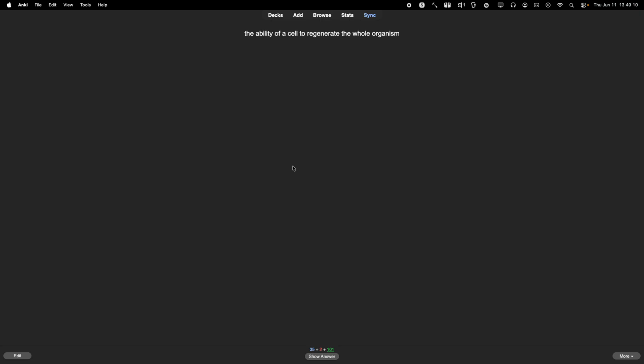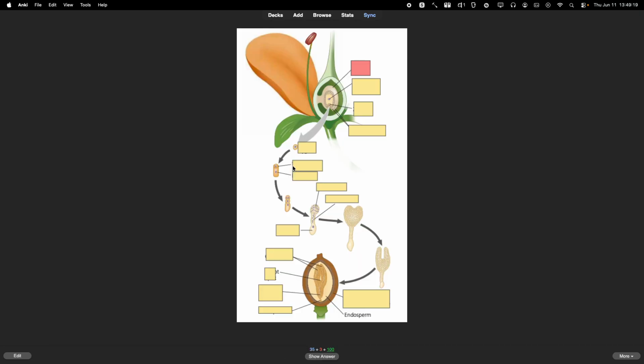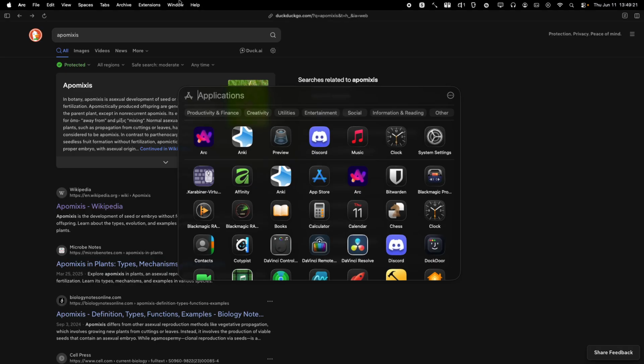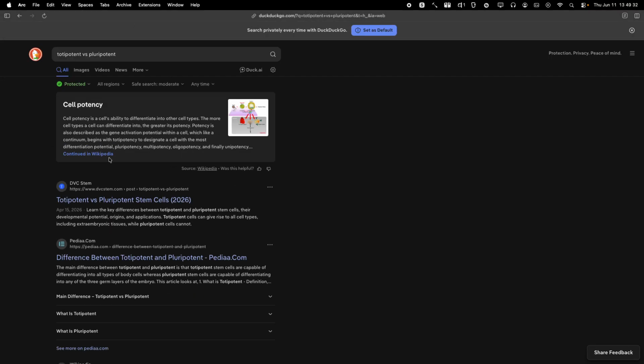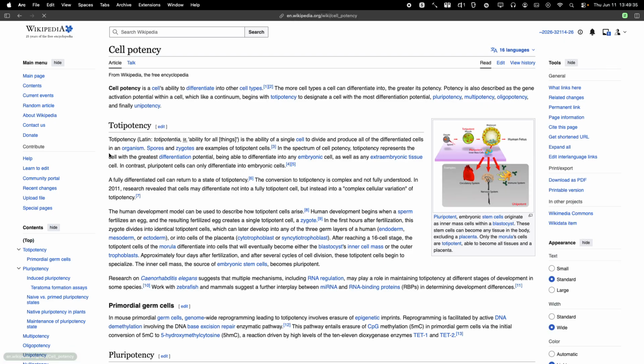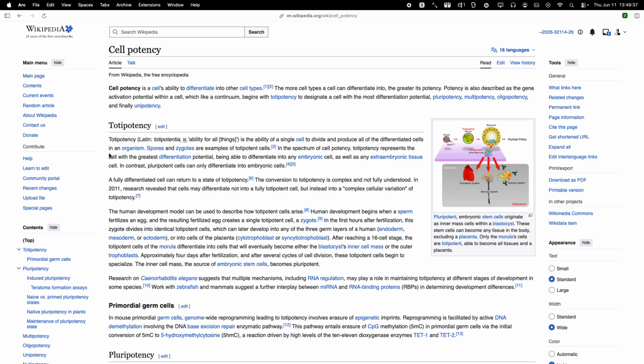Ability of the cell to regenerate. I actually don't know. I think it's pluripotency or totipotency. I will say pluripotency. What's the difference anyway? Totipotency is the ability of one cell to divide and produce all of the differentiated cells.